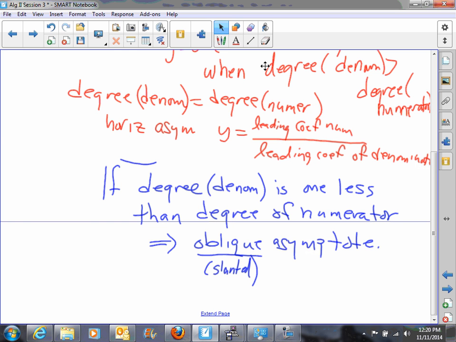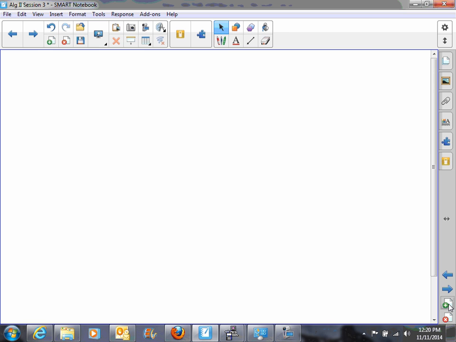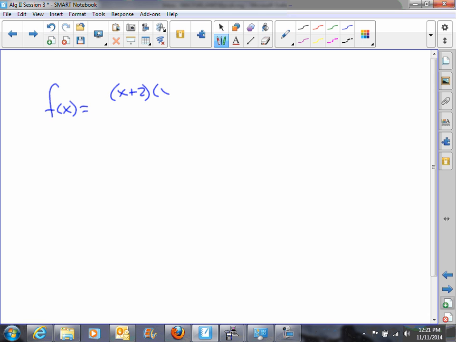Let's see if we can't go ahead and find an oblique asymptote. So let's just go to the next page. Let's imagine that we have f of x equal to x plus 2 times x plus 1 times x plus 3 over x minus 2 times x plus 4.